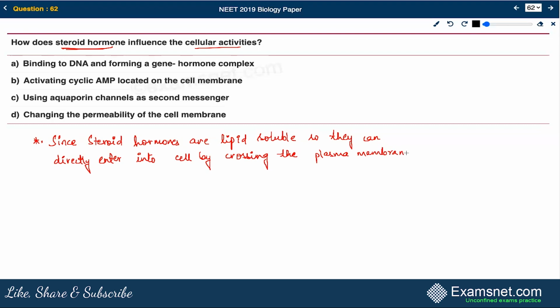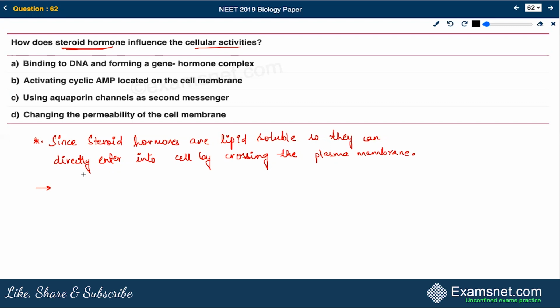Once they enter into the cell cytoplasm, they are going to bind with certain receptors which are present inside the cell, or rather inside the nucleus.